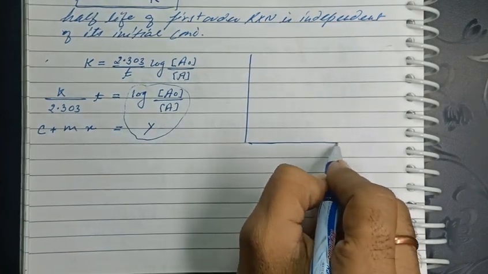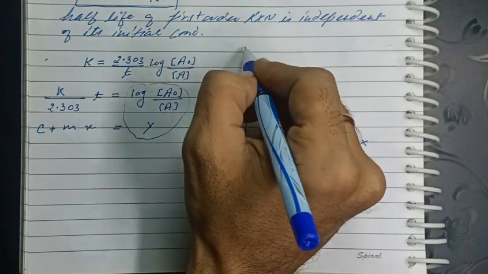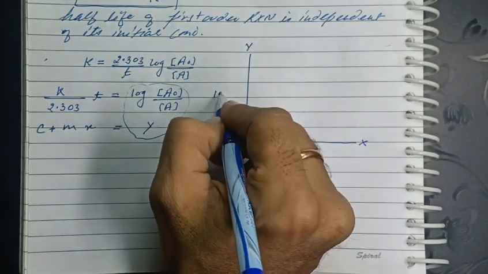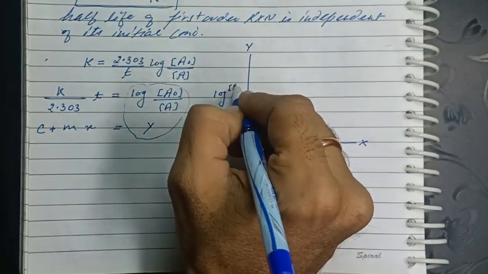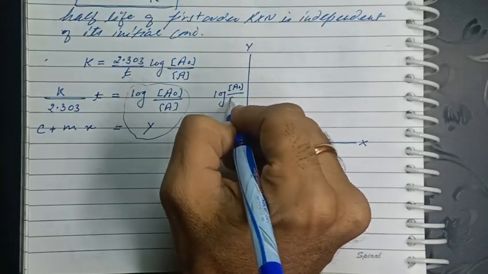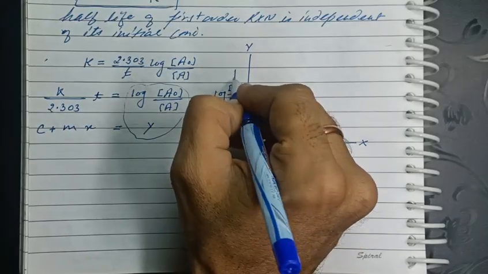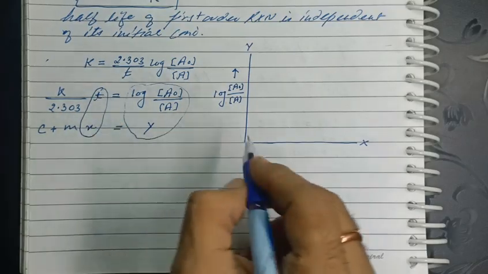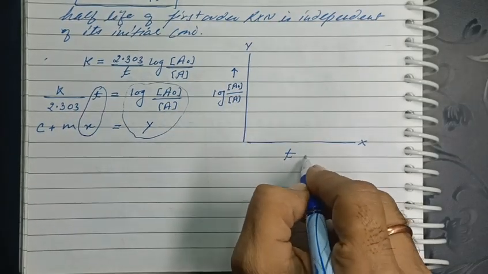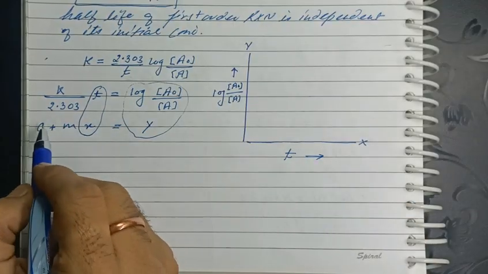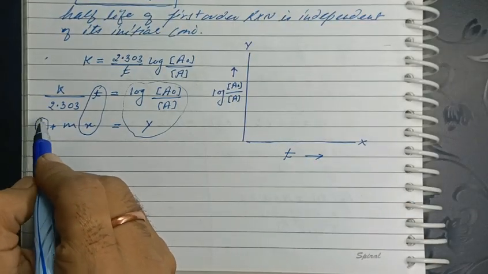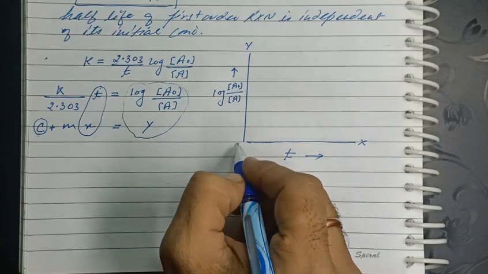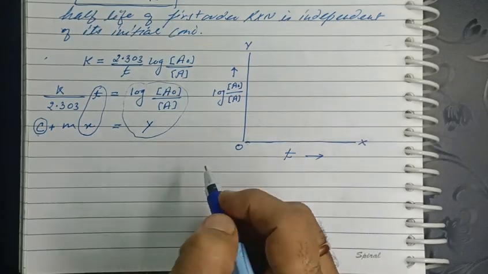If we plot a graph, log A naught upon A is the y coordinate, t is the x coordinate. As we have no value for c, the y-intercept, it means graph will start from 0.